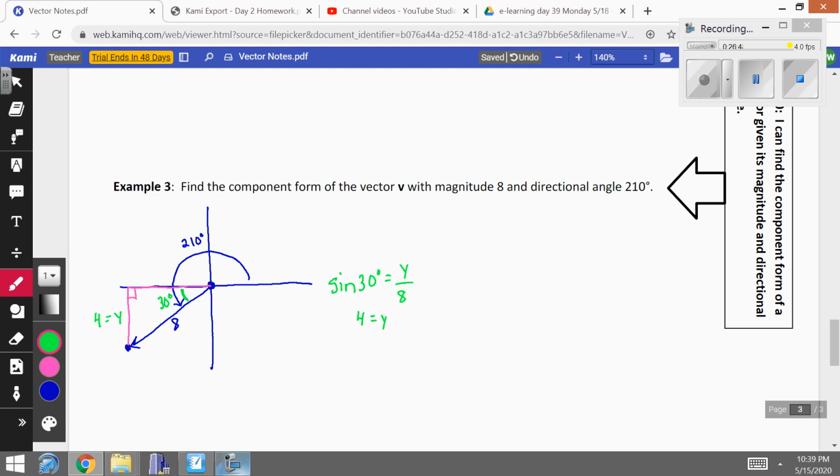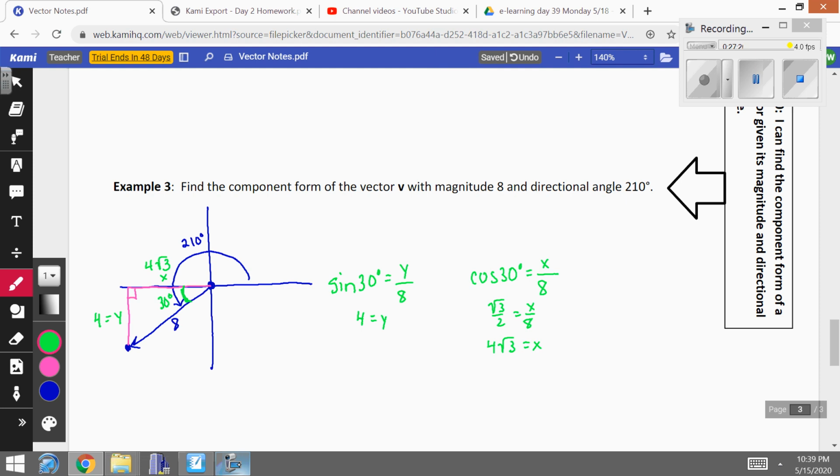We could do the same thing if this is my x right here. The cosine of 30 degrees is the adjacent over the hypotenuse. We know cosine of 30 degrees is root 3 over 2. So if we multiply by 8, it's 4 root 3. Also, if this is one of our special right triangles from geometry, a 30, 60, 90 triangle, if this is 30 degrees, our short leg is half of the hypotenuse.